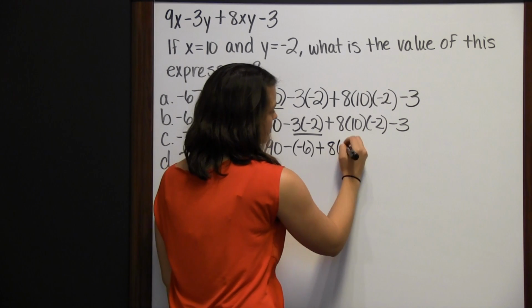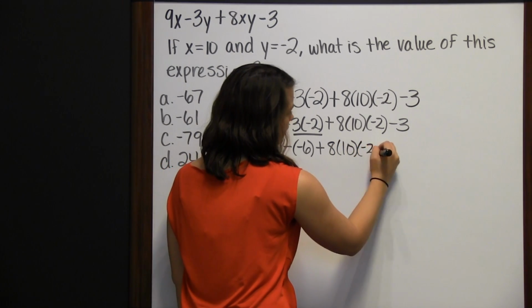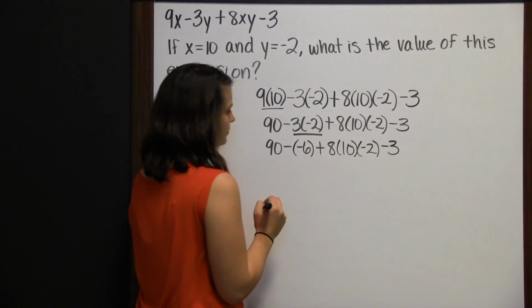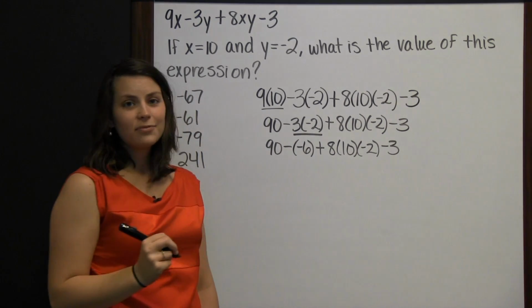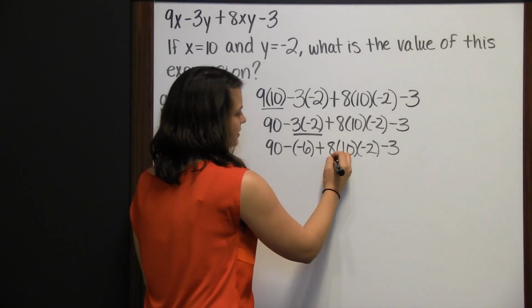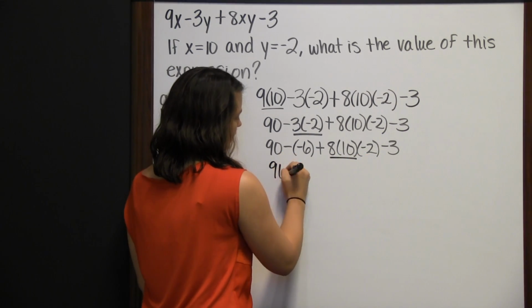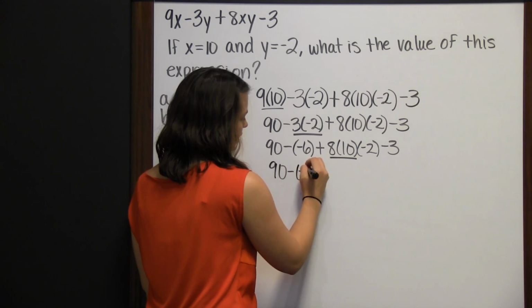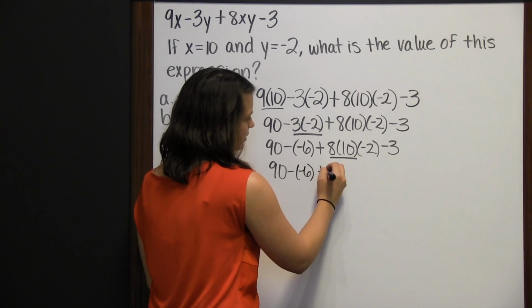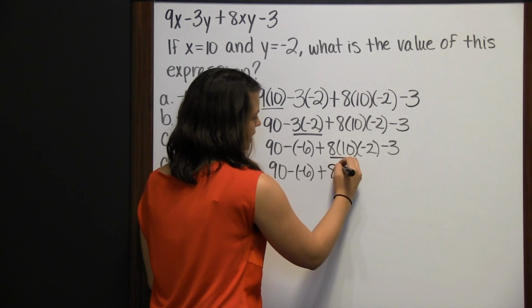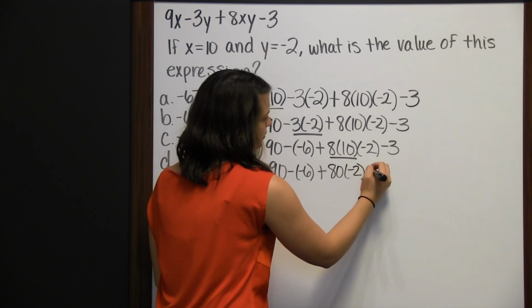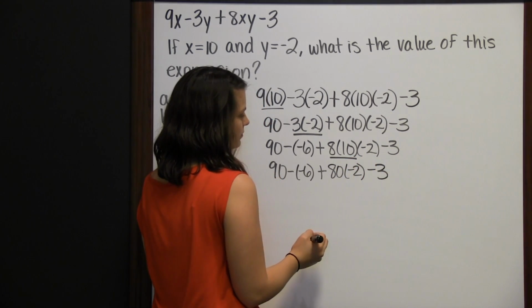Plus 8 times 10 times -2 minus 3. Our next set of multiplication would be 8 times 10. So we have 90 minus a negative 6 plus 8 times 10 is 80 times negative 2 minus 3.